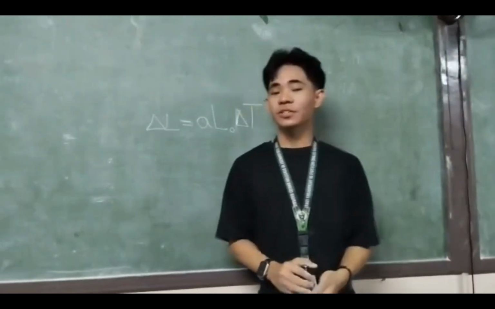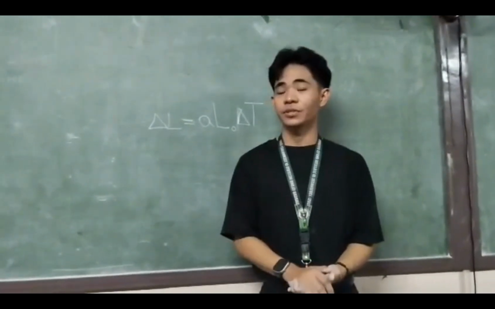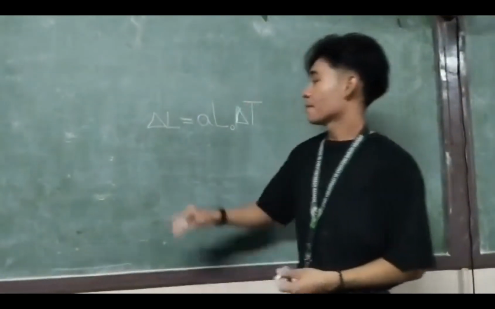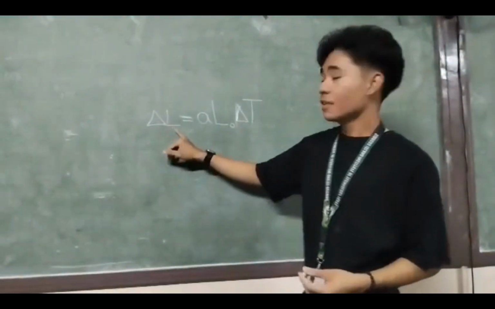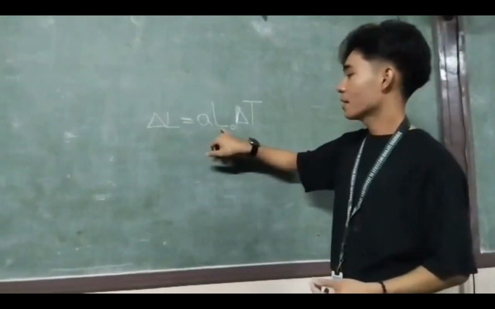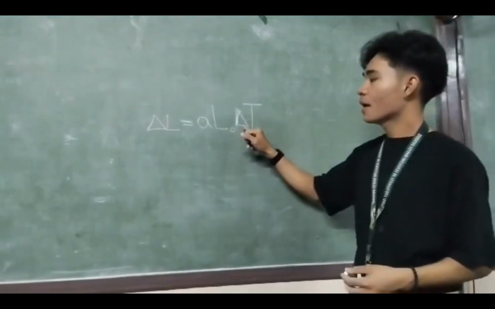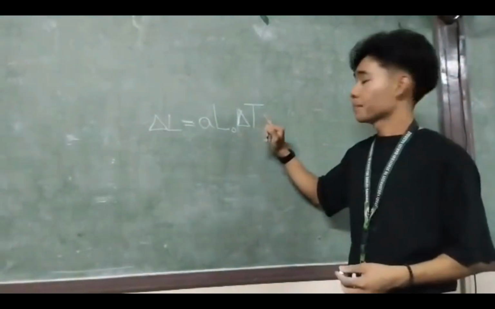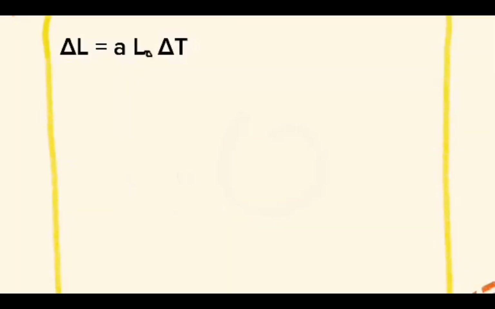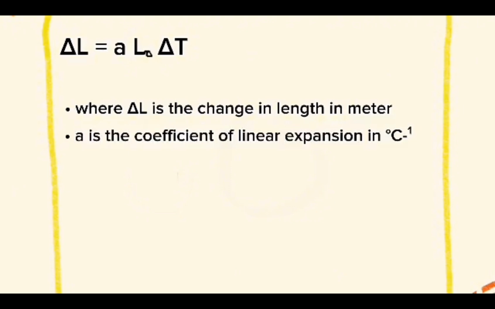So when the two proportionalities are combined, a constant A is added to the equation, which can be written as delta length or delta L equals A multiplied by L naught and multiplied by delta temperature or delta T. Where delta length is the change in length in meters.